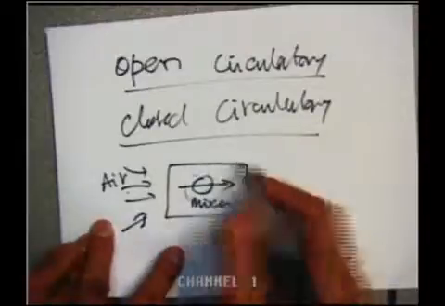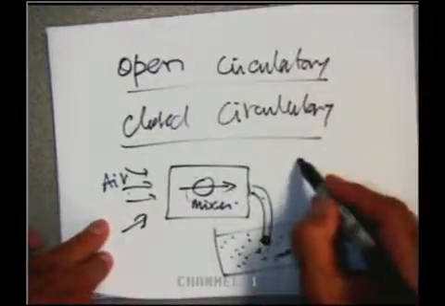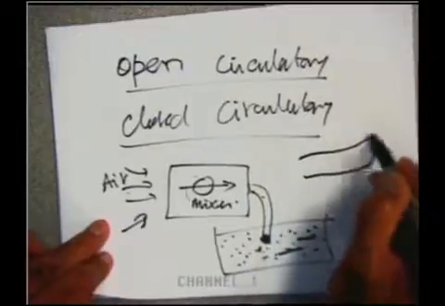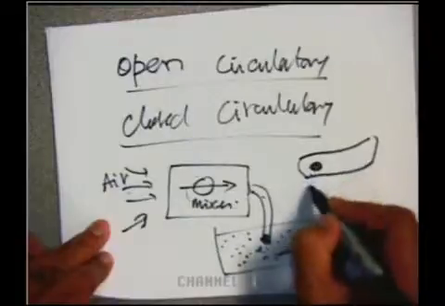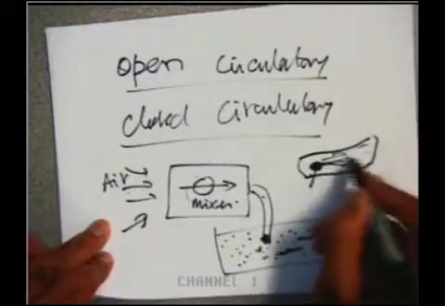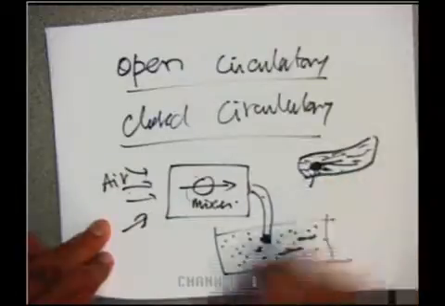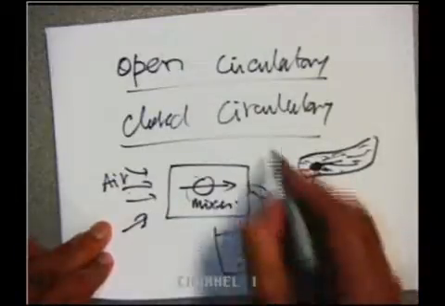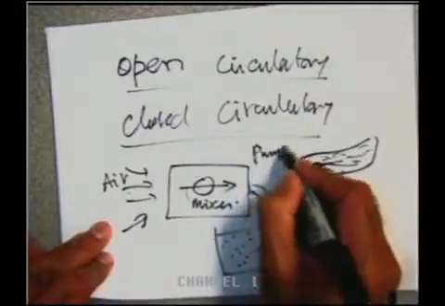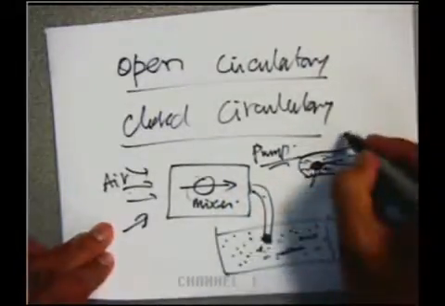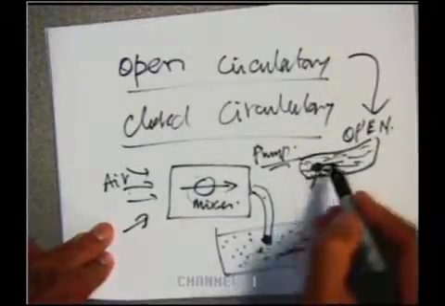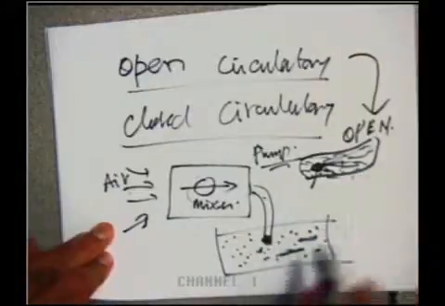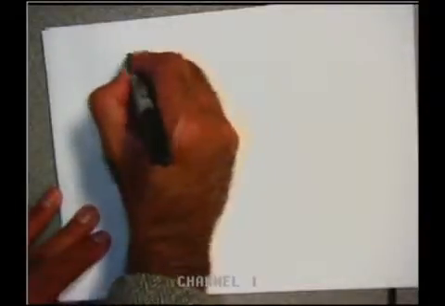But if this is in an animal, what will happen? It has some sort of a mixture. It's an open circulatory system, where the air comes here and is distributed through all of them, just like an aquarium pump. It is called an open circulatory system, because it comes out and then diffuses, and this is the case in insects.